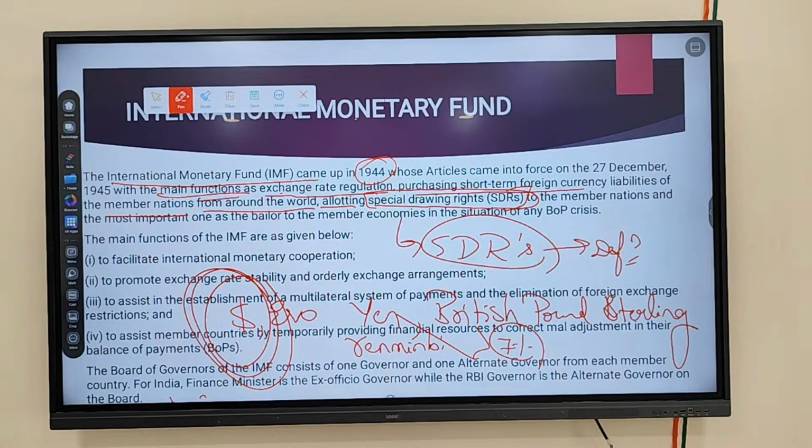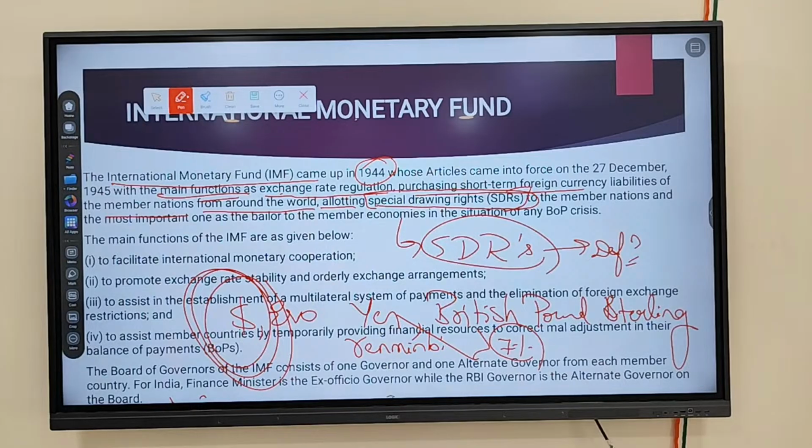India holds 2.75 percent of the SDR quota. Just write down: presently, India holds 2.75 percent of SDR quota. Full stop.